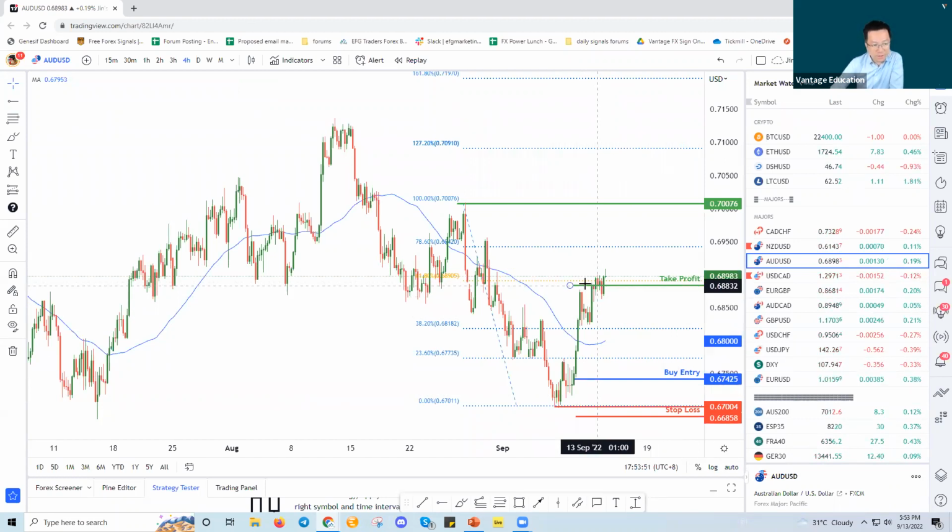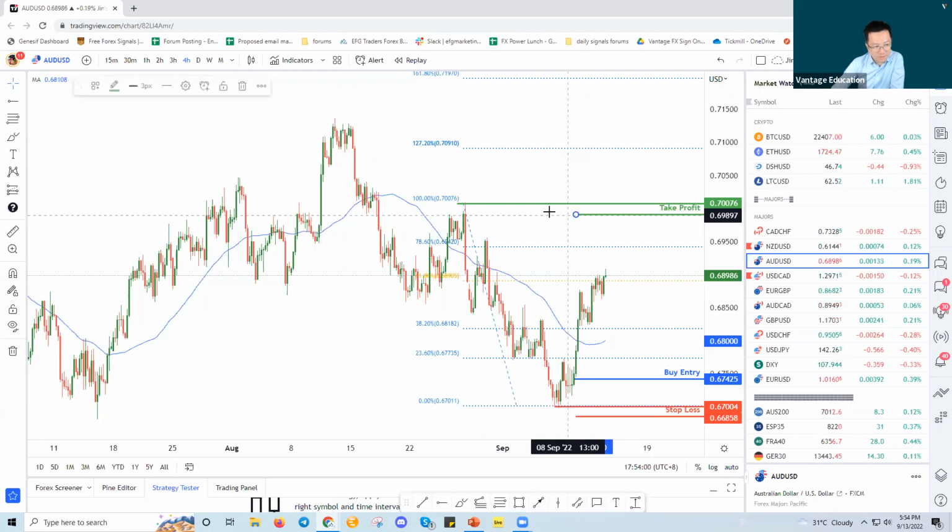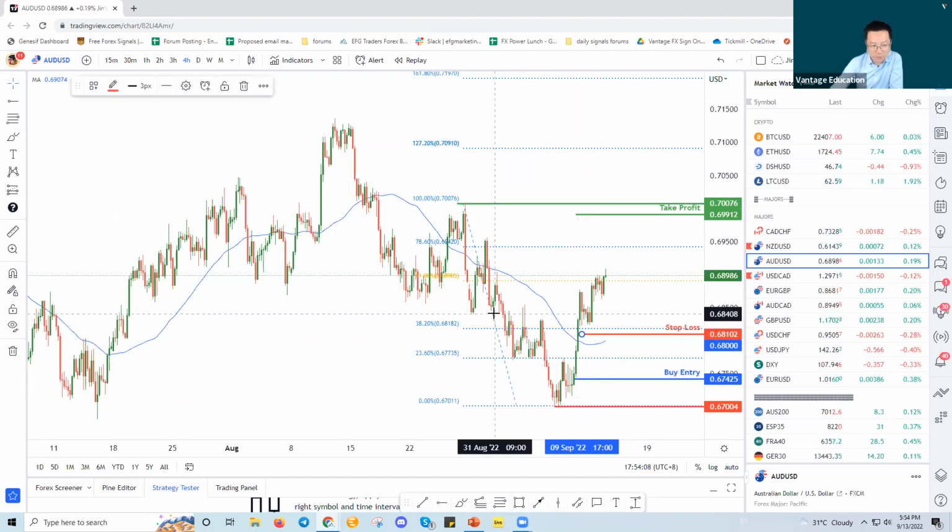What you could be looking at is, as it broke above 38.2, you might be going, okay, now can I move my take profit to just below that next resistance level, and move my stop loss just below that interim support level of 38.2.